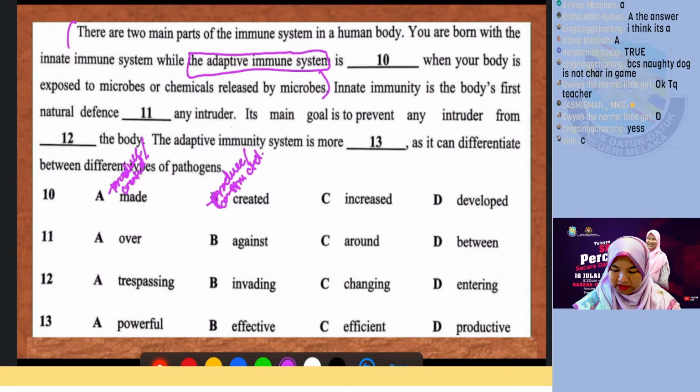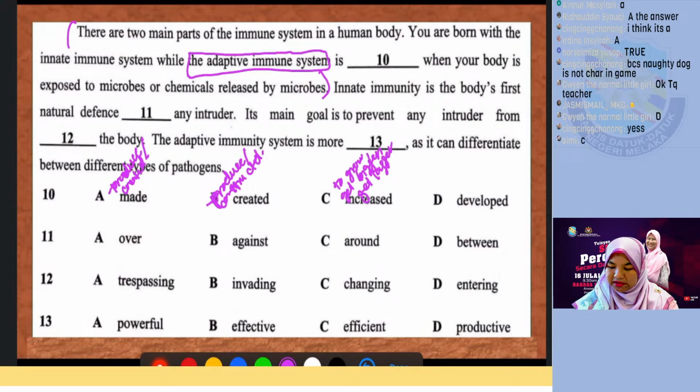C, increase means to grow in size, to get bigger or get larger. This one we usually use for number or level. Increase level, increase number. And then D, develop.